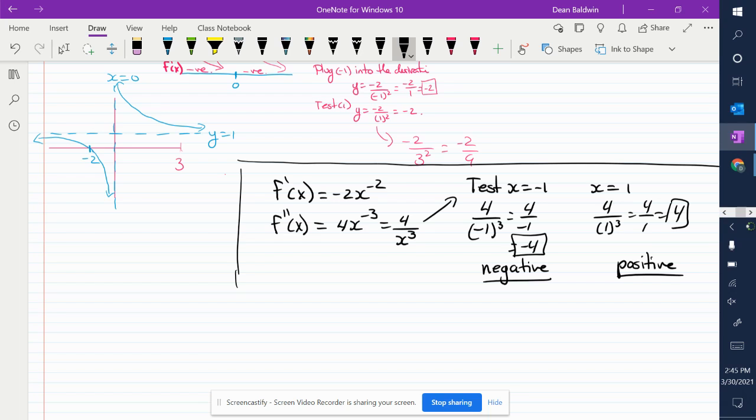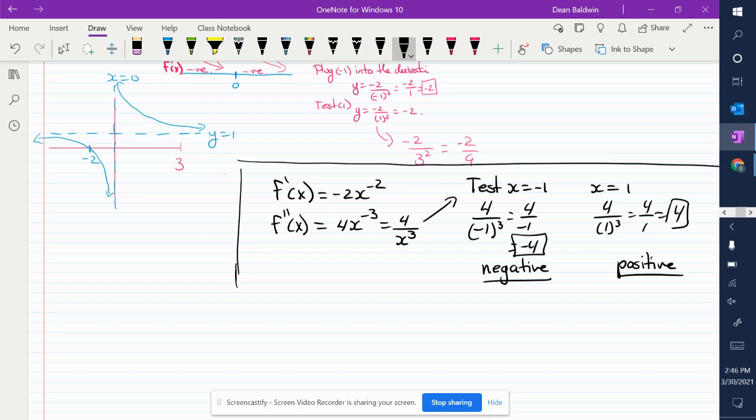So it's the curvature of the graph. When your second derivative is negative, the graph is concave down, the graph is curving down. When the second derivative is positive, it's concave up. So even though the graph is decreasing, its curve is up. It's facing up. It's like a lens or a bowl. Think of it as a bowl, right? The bowl would be facing up, whereas this, the bowl is upside down.